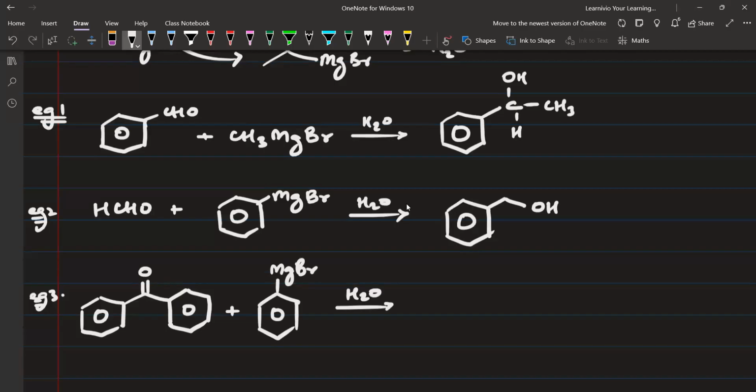Okay, so in this case, what's going to happen? See, the C double bond O वाला जो है, वो तो क्या convert हो जाएगा? This will be getting converted into OH. Now, this is going to be joined with 3 different groups. एक तो आपके पास, first of all, the 2 groups will be from the carbonyl carbon. So both of these are benzene rings. In short, I can write Ph and Ph. What is going to come from the Grignard reagent? Again, the Ph is going to come from the Grignard reagent. Again, the benzene ring is going to come. Okay, so this is going to be the one molecule. Please copy this down. Raise your hand once you're done.